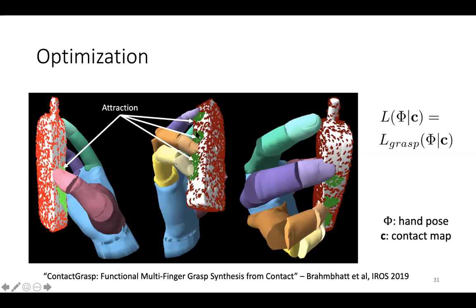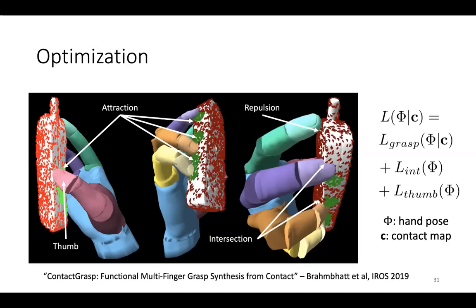And the idea is those green regions where contact happened is where you want to attract your hand model, and the red regions are regions where you actually want to repel your hand model away from them. And at the same time, you want to penalize intersection of the hand into the object surface.